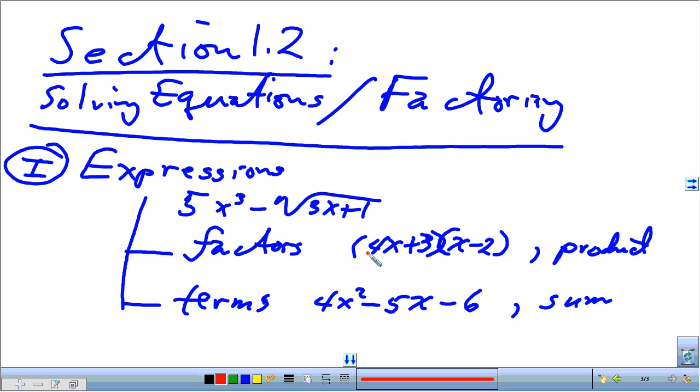Notice that if we look at order of operations in both cases, in this example of a product, we have a product as the main operation, and then inside that we have other things.